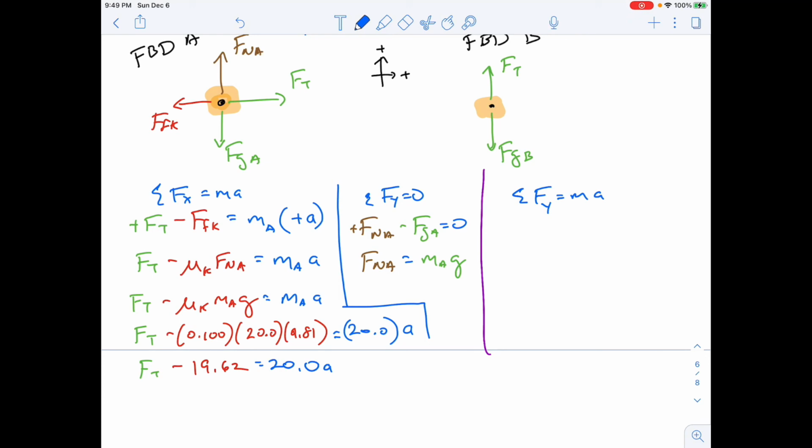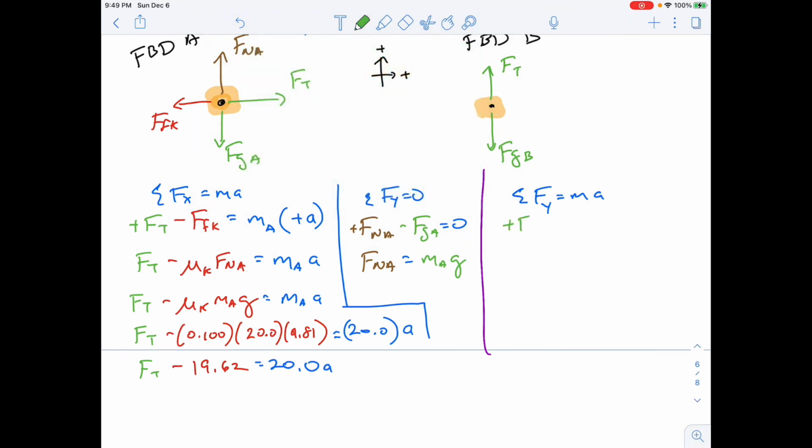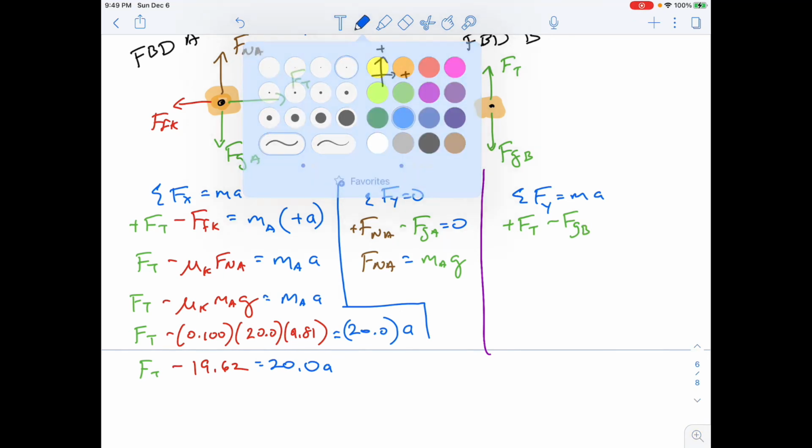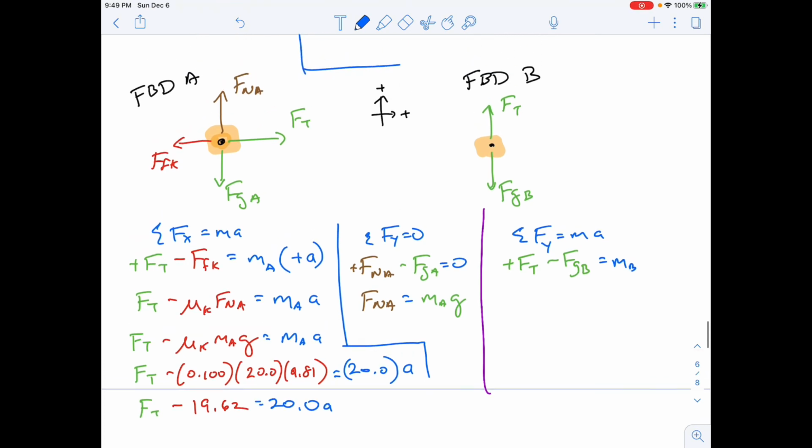And we are going to move downward. And this is important. Our tension is definitely upward when it's positive, minus the gravitation, equals m_B. Now watch what I do here.